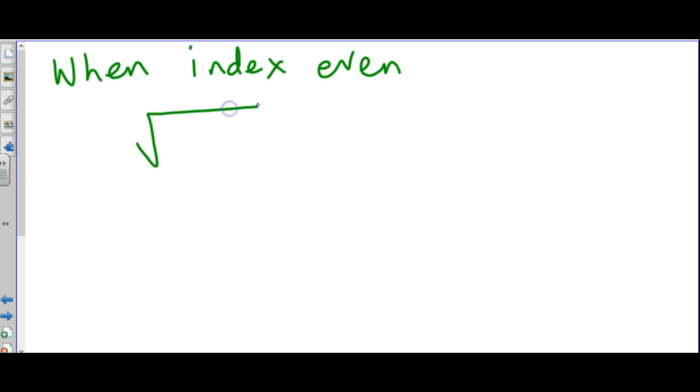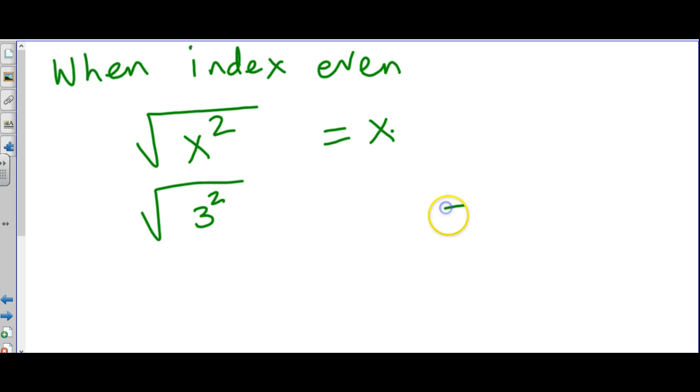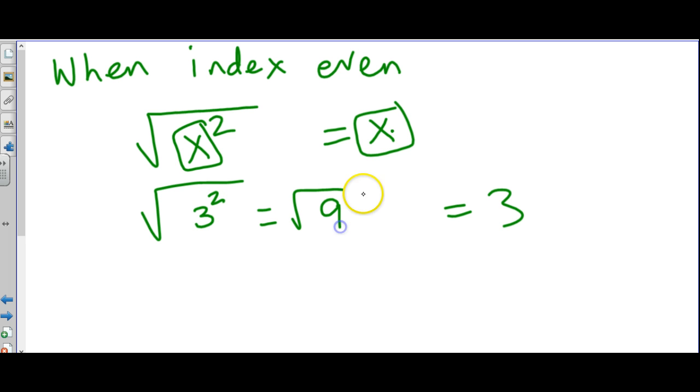If I had square root of x squared, if I simplified that, that would just equal x. But let's try putting a number in. If I put in 3 squared, we know it should just equal 3 because our answer should just be that x. So 3 squared is 9, square root of 9 is 3, so that one works out.